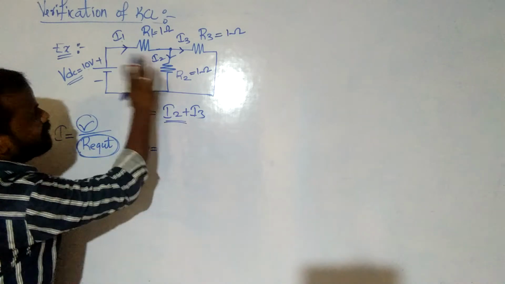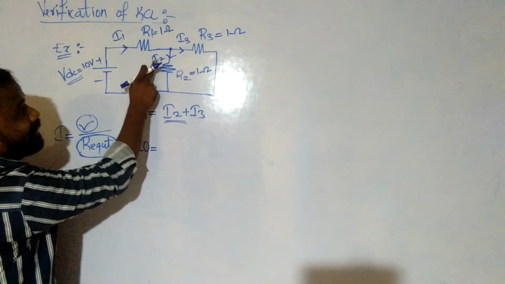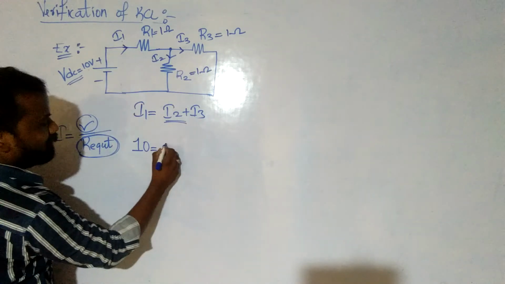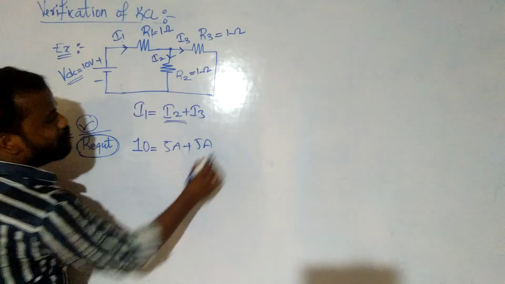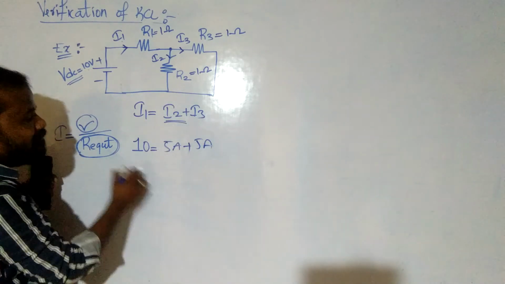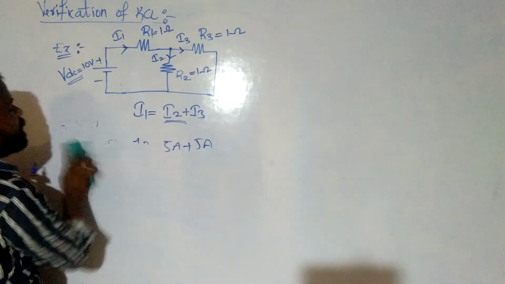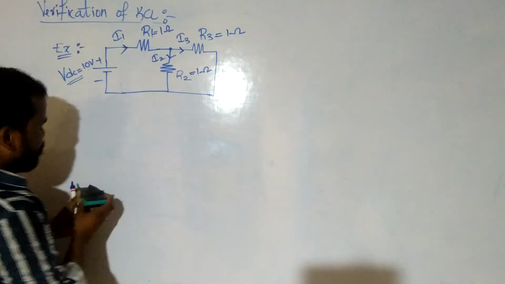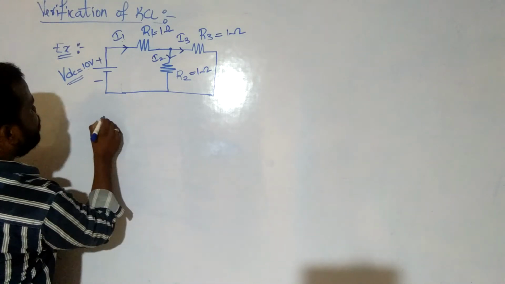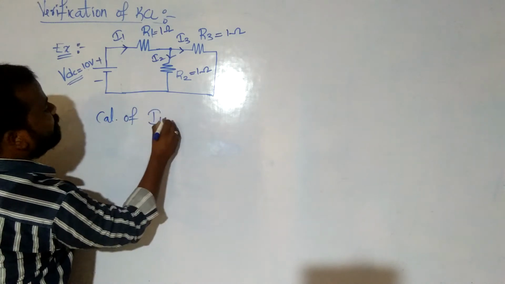Here, for example, the values of R2 and R3 are both the same. That's why the current divided from the total current must be 5 ampere, and I3 is also 5 ampere. But how do we find these 5 ampere and 5 ampere? Let's see. First, we are going to do the calculation of I1.